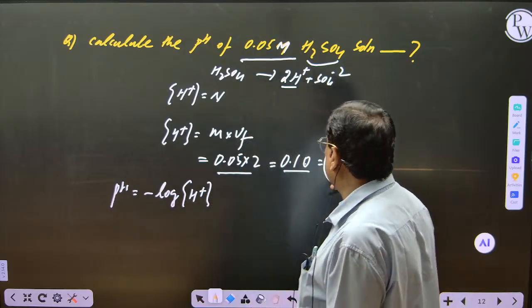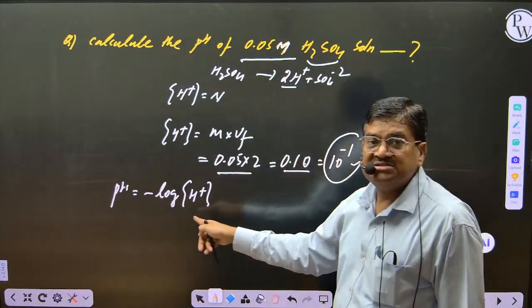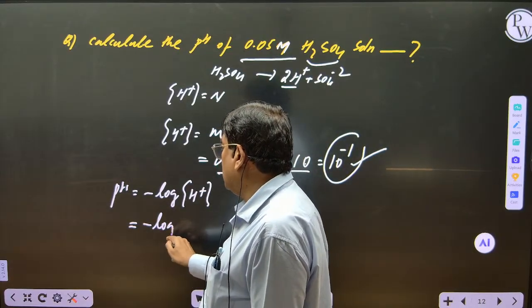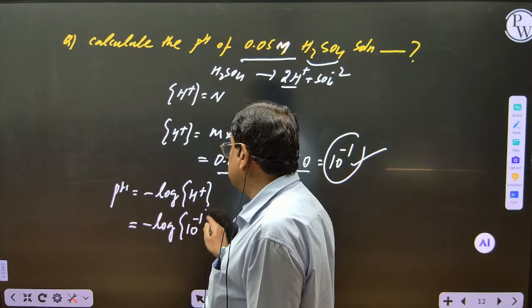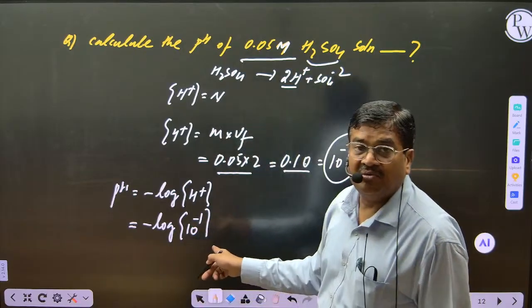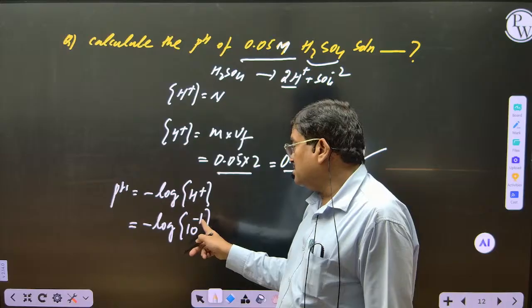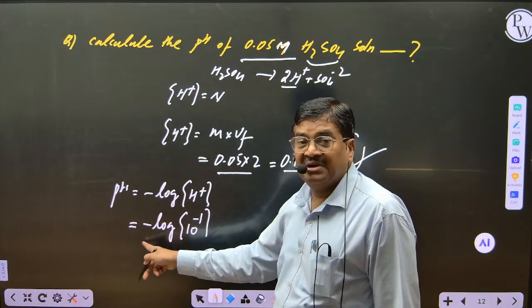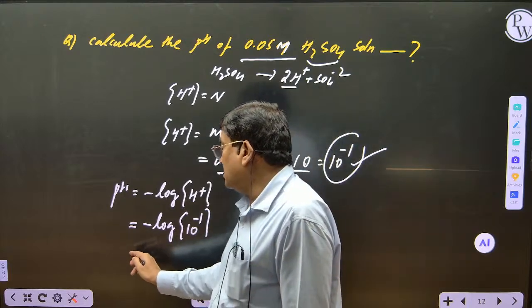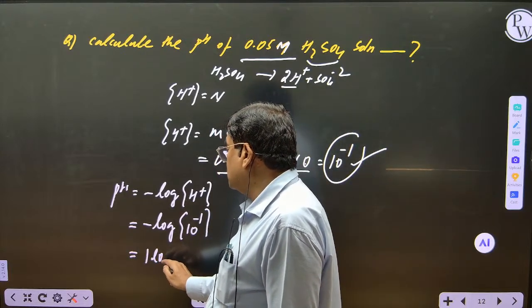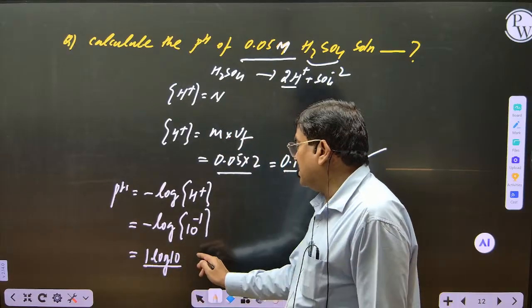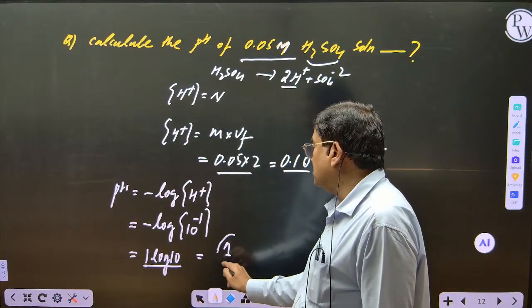Substitute the H plus ion we got. So the answer is minus log of 10 power minus 1. This is in the form of log a power n. So minus of minus 1 log 10. What is the value of log 10? Log 10 is 1. So the final answer will be 1.